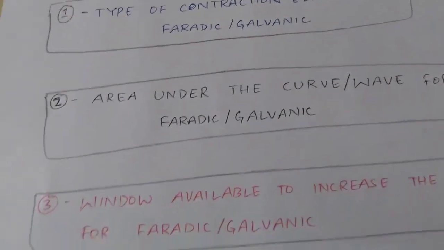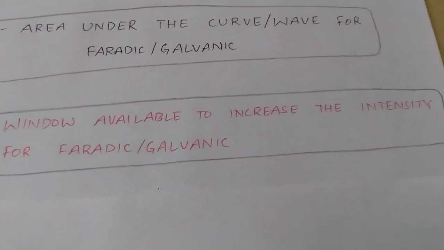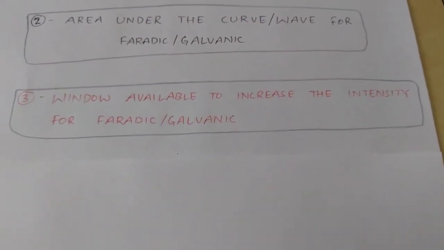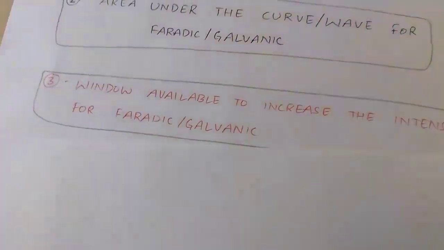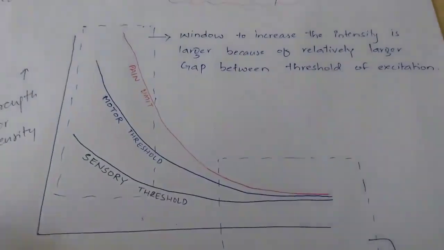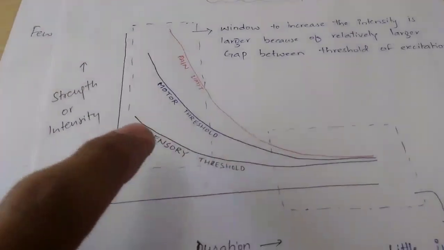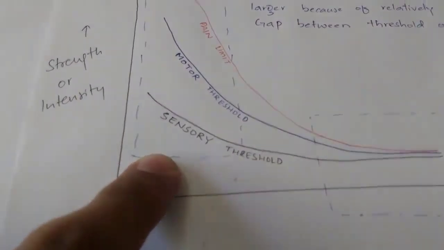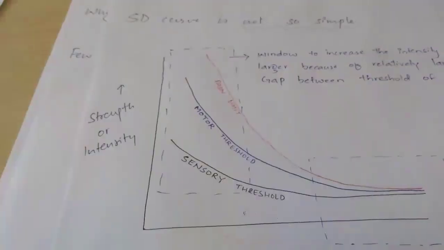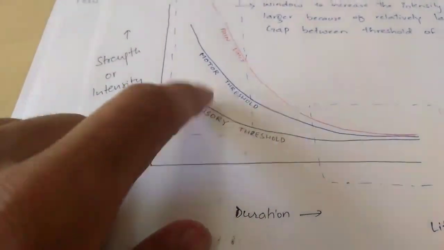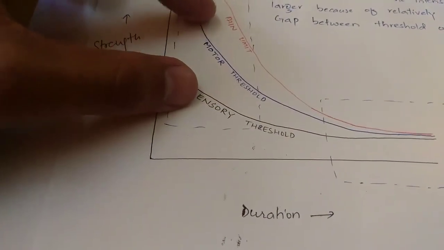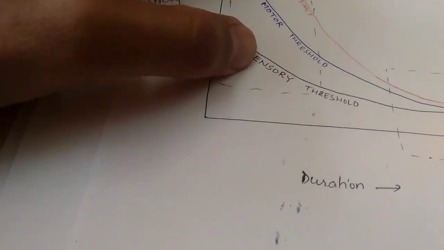Now, what is the third thing that we have to take care of? The window available to increase the intensity for Faradic and galvanic current. Now, if the individual muscles can be stimulated with the Faradic current, or the muscle is innervated, we would like to go for low duration, because we can go with the higher intensity and the limit of pain is farther.